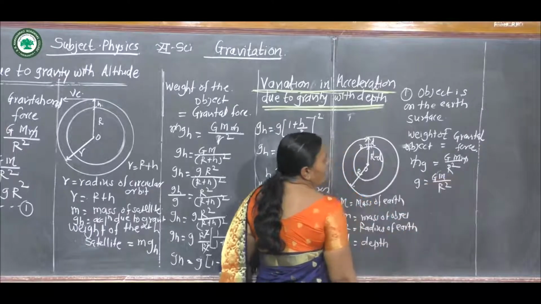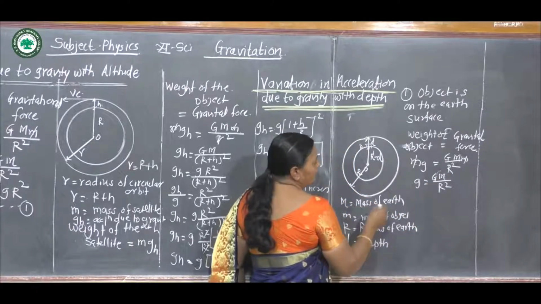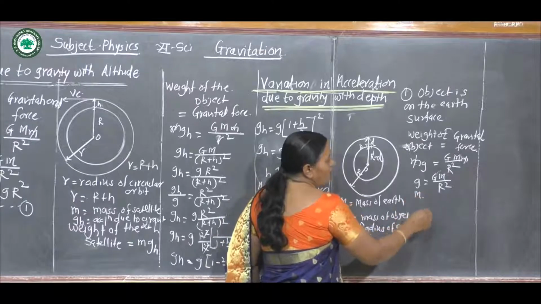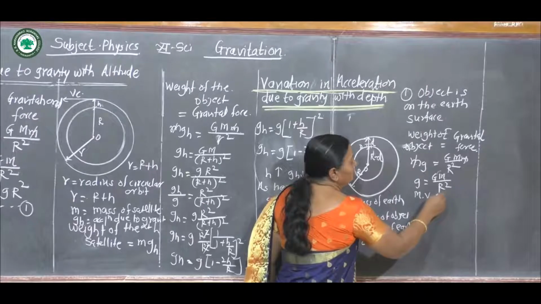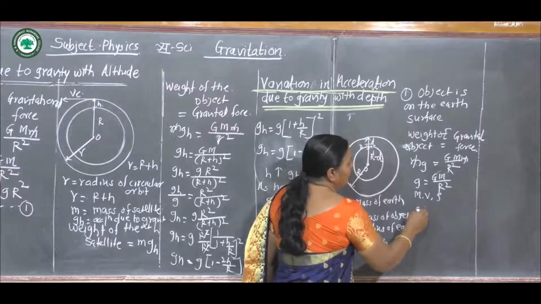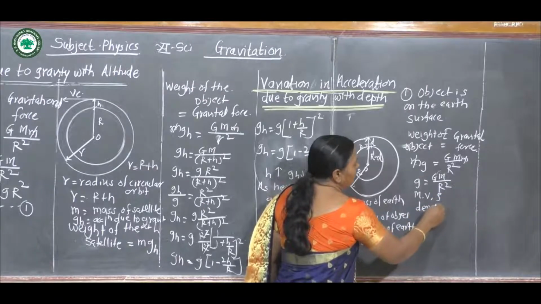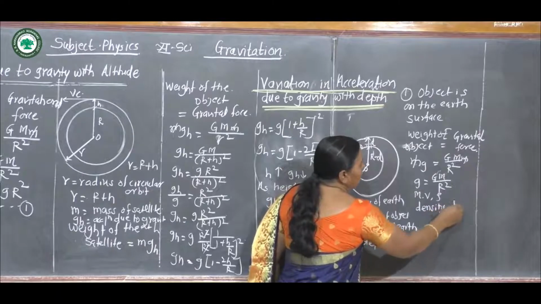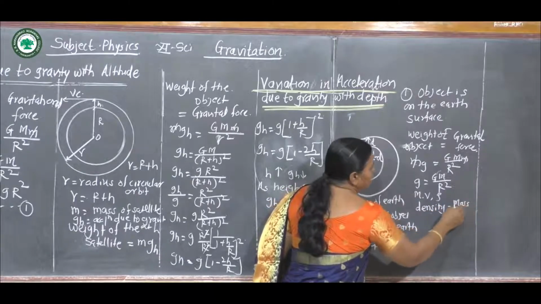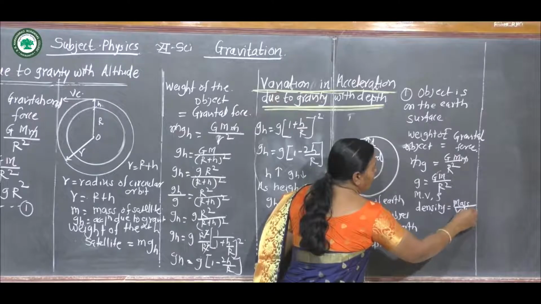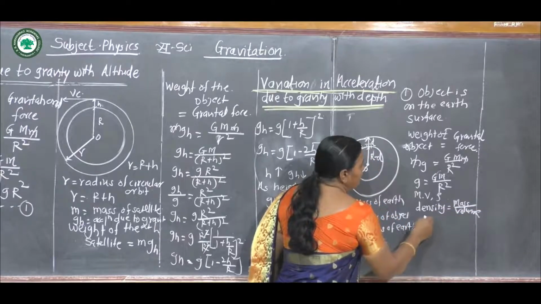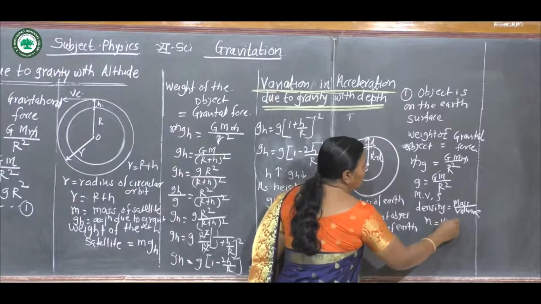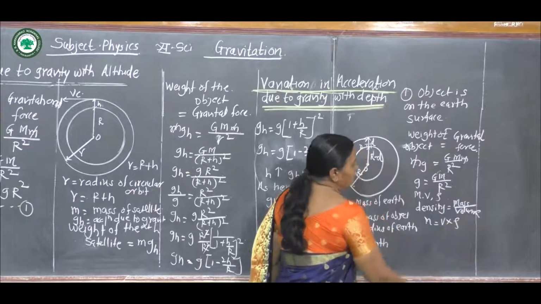Now here M is the mass of Earth, and suppose V is the volume, rho is the density, then density is equal to mass upon volume. Now the mass is equal to volume multiplied by density.